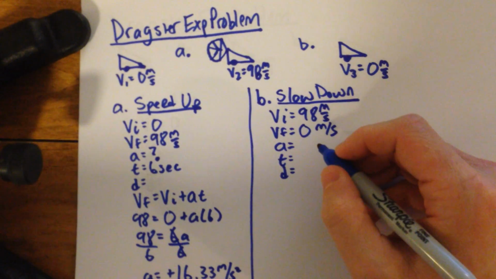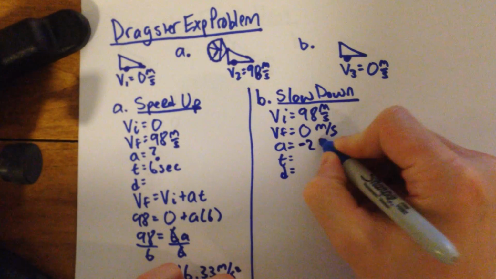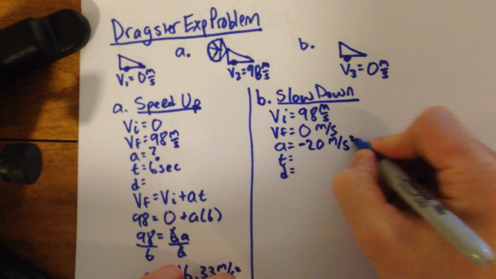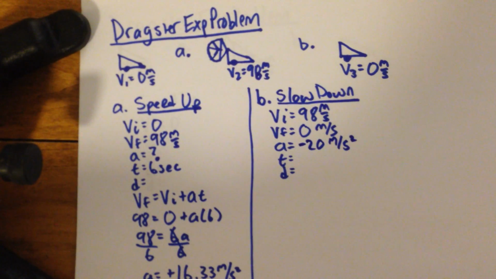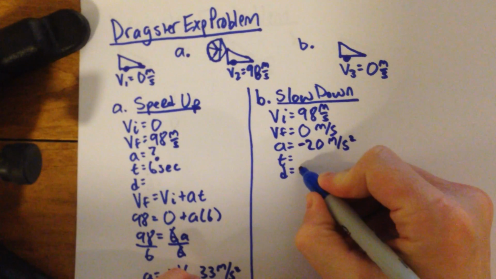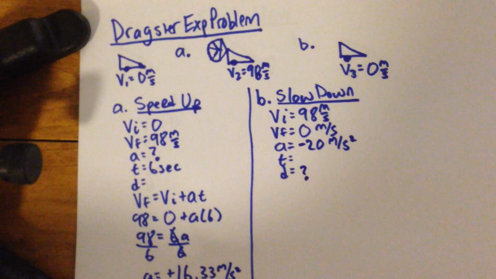Okay, so they tell us that it has a pretty hefty negative acceleration rate. Good thing, because it has that parachute on it. Negative 20 meters per second squared. And it wants to know, well, how far of a strip do I need to get to a stop? What do the builders need to build? So this calculation would support their design of the drag strip.